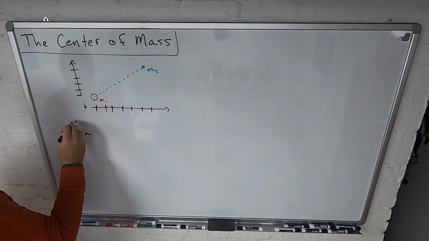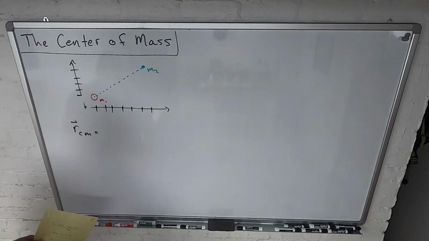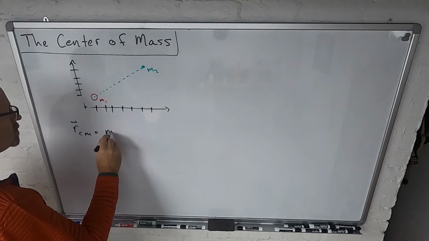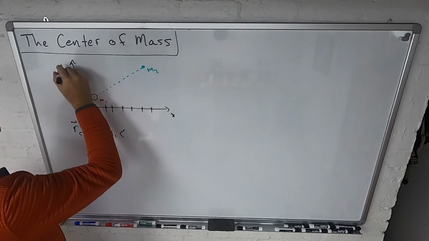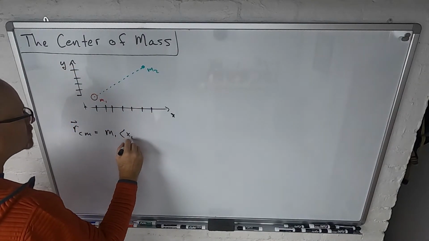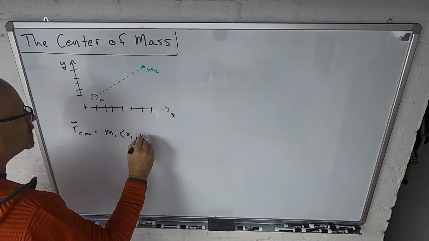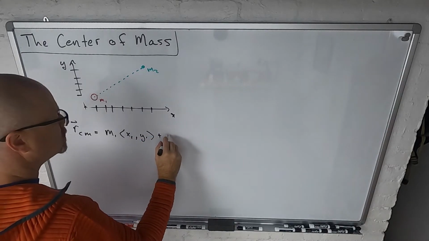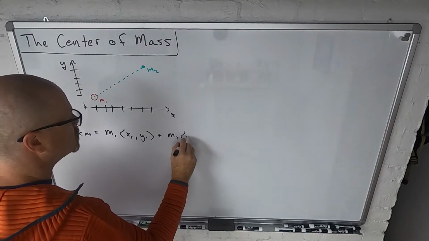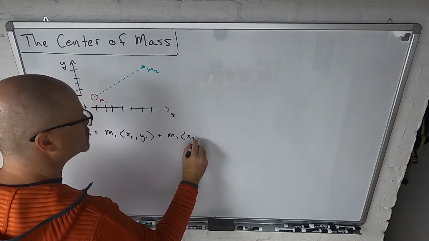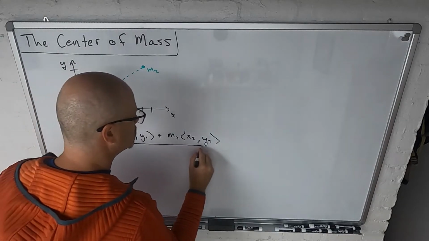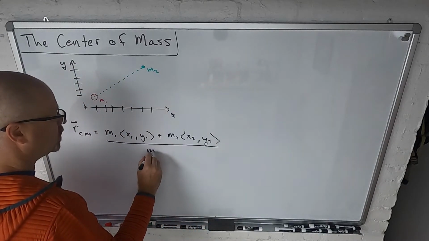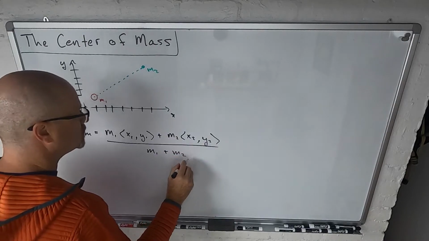position of the center of mass vector, is going to be equal to, well, mass 1 times, and this is x and y, x1, y1 plus m2, x2, y2 over m1 plus m2.